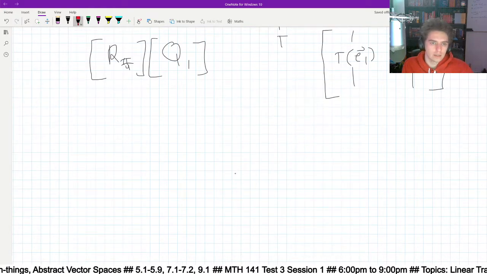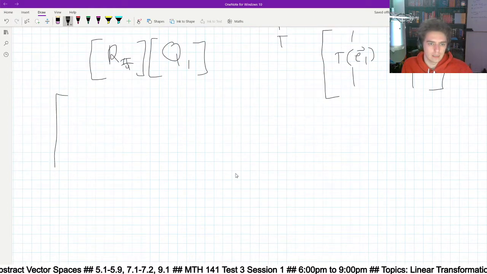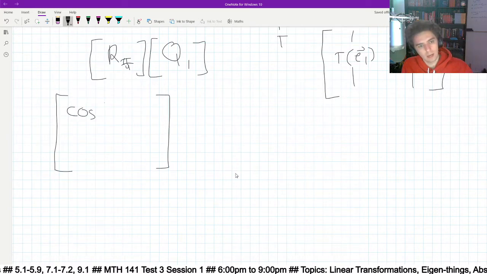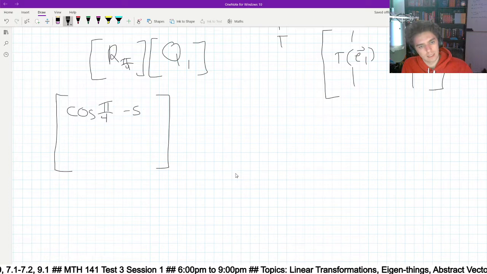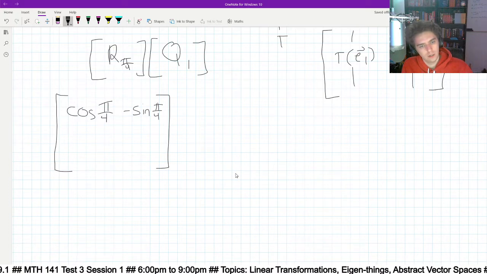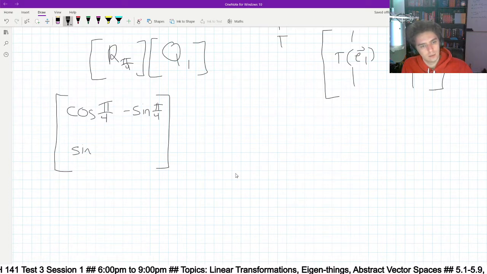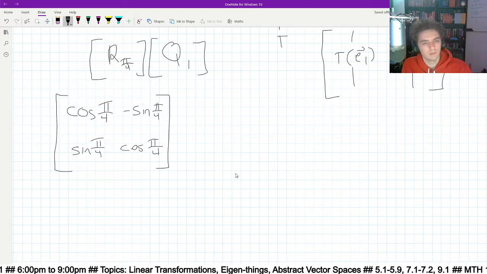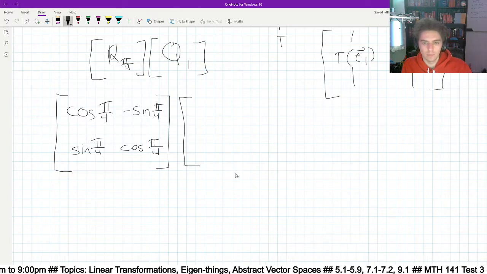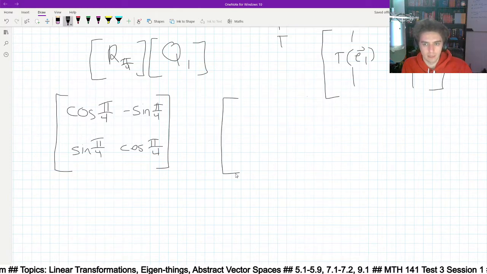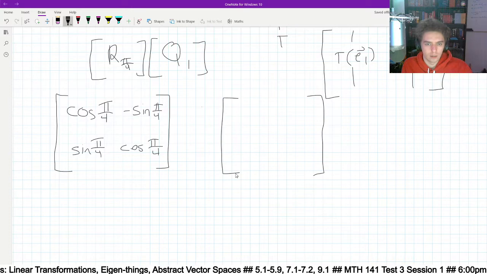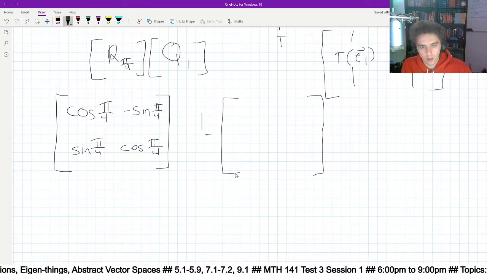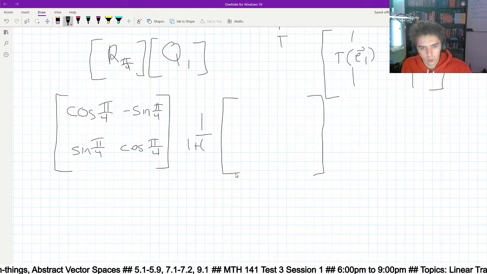So R theta. Remember, I won't write the general one. R pi over 4 is going to be cosine pi over 4, minus sine pi over 4, sine pi over 4, cosine pi over 4. And I'm going to multiply that by Q1. And for Q1, I need a little space there, the formula was 1 over 1 plus 1 squared.